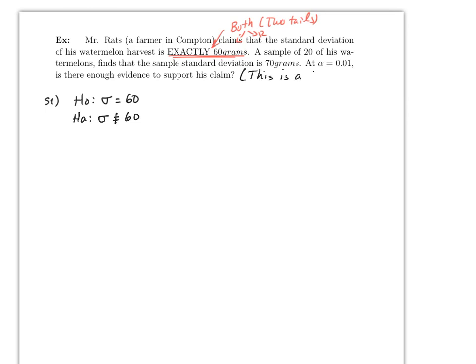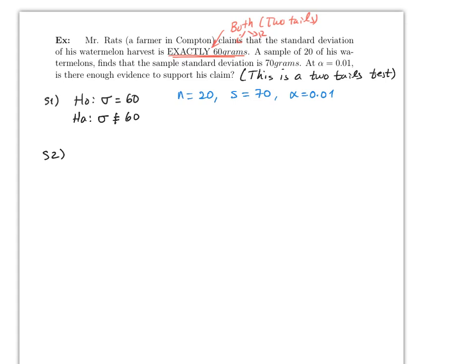This is a two tails test. So that's how you know you have to do this. So let's see what information we have here. N is 20. The sample standard deviation is 70, and alpha is 0.01.